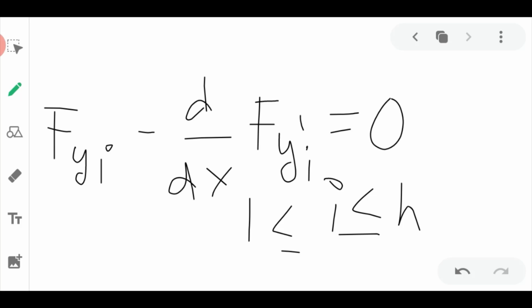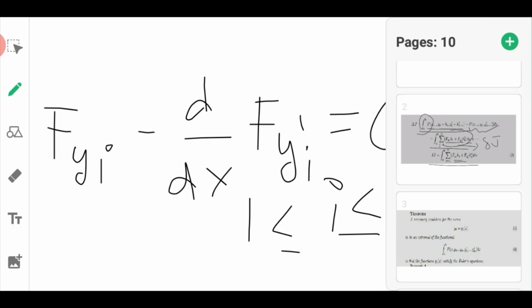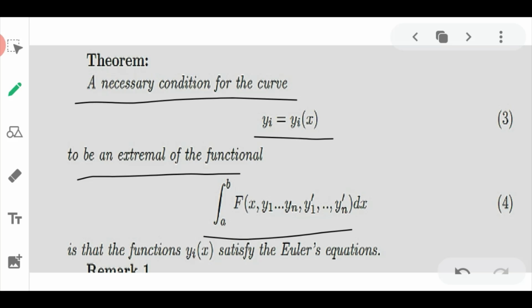So that is the Euler Lagrange equation, and we can write the theorem here. What we learn in this video is the following theorem: the necessary condition for the curve y sub i equal to y sub i of x to be an extremal of the functional, the integral from a to b of F of x, y1, dot dot dot, is that the functions y sub i of x satisfy the Euler equation.